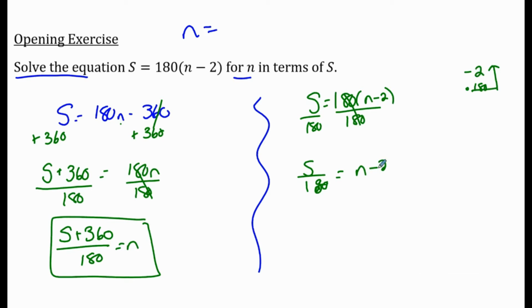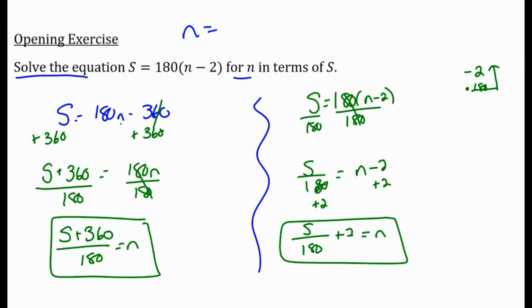How do I undo n minus 2? I want plain old n. I'm going to add 2 to both sides, which gives me s over 180 plus 2 equals n. That answer is also equivalent to the one we just got, because look, I have s divided by 180, s divided by 180. 360 divided by 180 is 2, so as long as I divide both those by 180, I get a correct answer for what n is equivalent to.